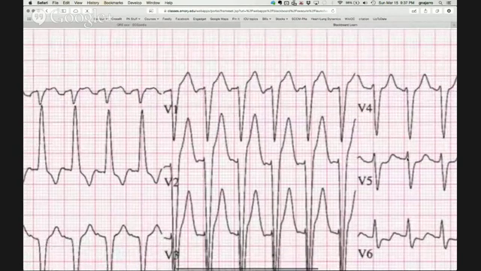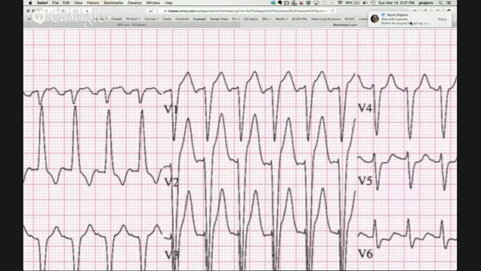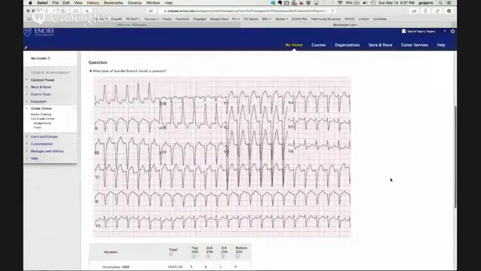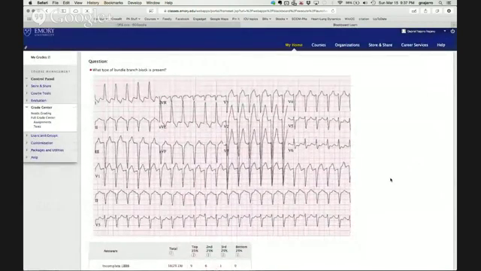So it starts right here and it ends all the way over here. So it's almost 3.5 boxes, right? So this meets criteria for a bundle branch block. This is already greater than 0.12. So if it's greater than 0.12, the next question is, is it a left or right bundle branch block?